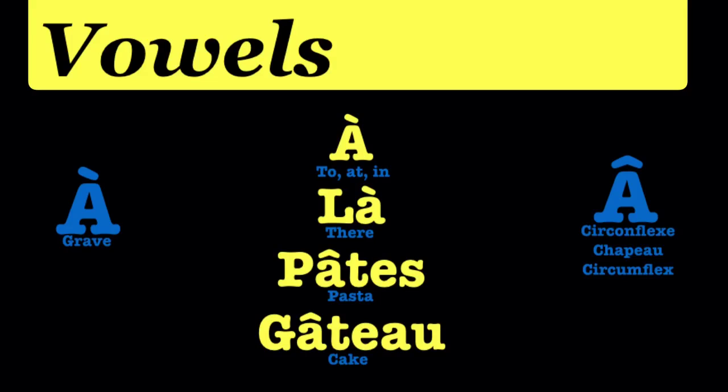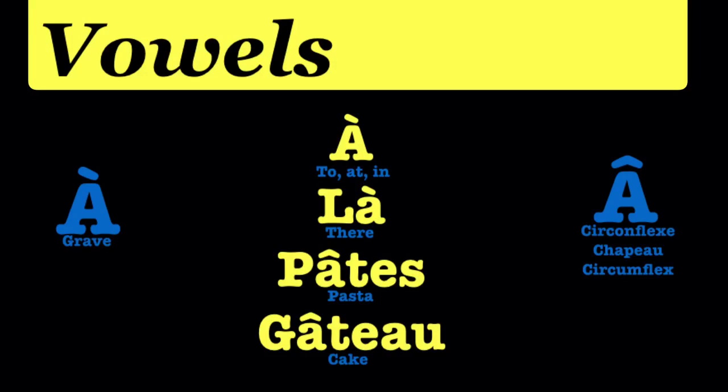Now sometimes you'll see A with an accent, the accent grave or grave accent, which is seen on the far left in blue here, or you'll see an accent circumflex or circumflex accent, which is seen on the far right here. In general, this doesn't change the pronunciation.